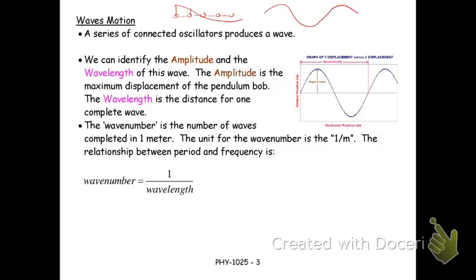A wave is caused by a sequence of connected oscillators. For sound, you can't imagine them so easily connected, but the particles do bounce into one another. But certainly a spring, for sure, is a sequence of connected oscillators.